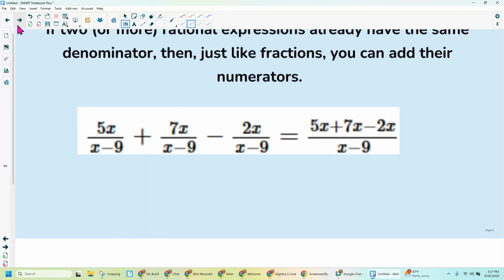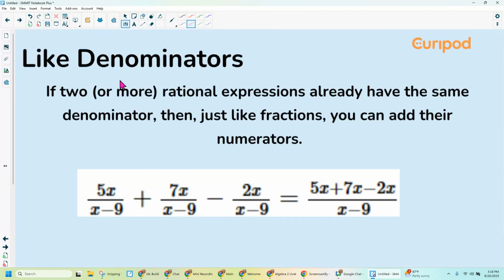So let's talk about if two or more rational expressions already have the same denominator. Then just like those fractions, you can add their numerators. So if the denominator on these three terms is x minus 9, then I can put everything over x minus 9.